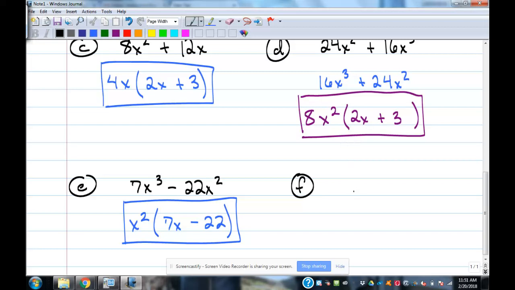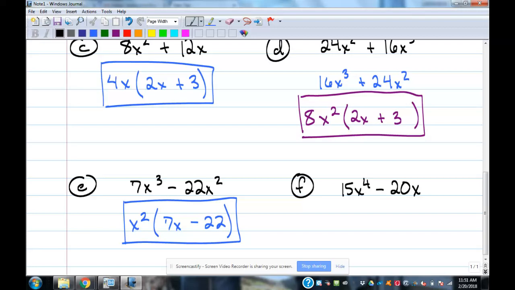Say we had 15x to the 4th minus 20x. We want to find, is that in the right order? Yeah, we got x to the 4th first, and then we're going down from there to plain x.